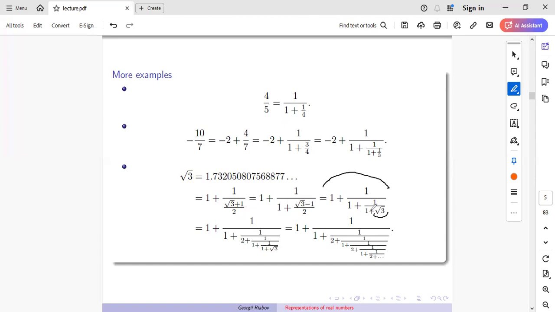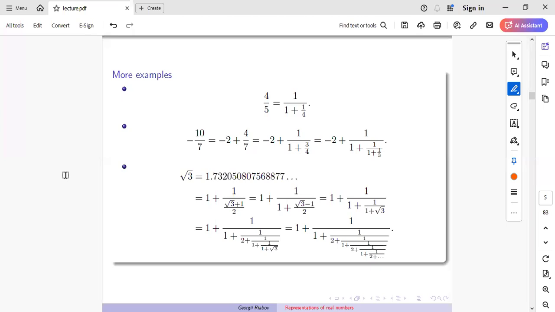So since we have here 1 plus root of 3, we will get here 2. 2 plus 1 over 1 plus 1 over 1 plus root of 3. And then we repeat the procedure, so we get a continued fraction, 1 plus, and then in each denominator we have 1, 2, 1, 2, 1, 2.